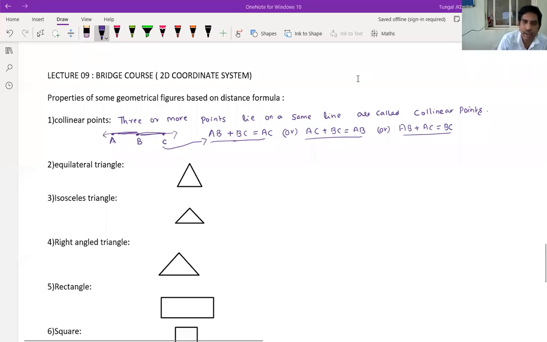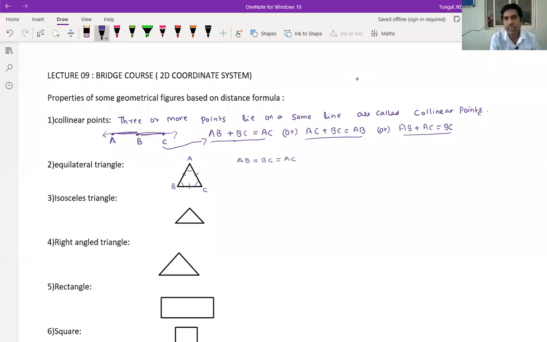Equilateral triangle. When a triangle is said to be an equilateral triangle, nothing but it has all sides equal and all angles equal. So the condition we have to write is AB is equal to BC is equal to AC.